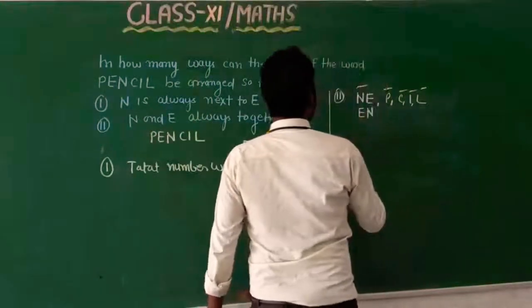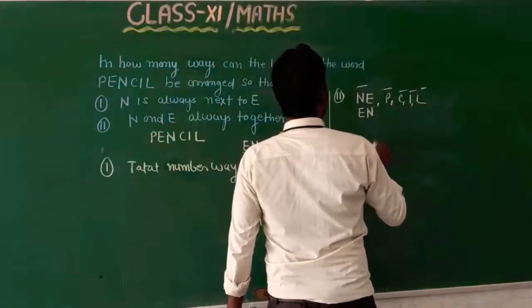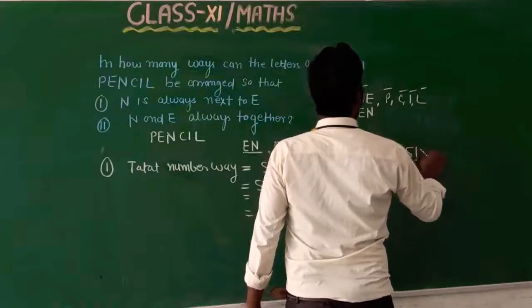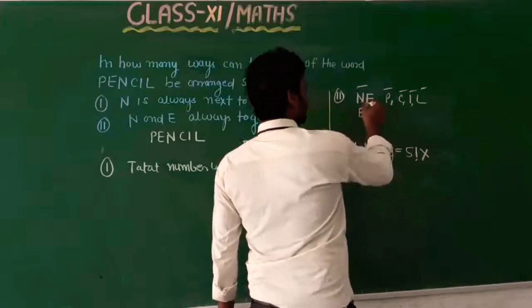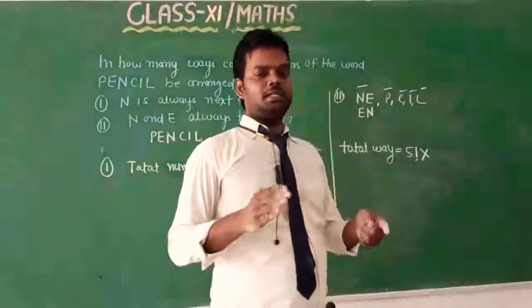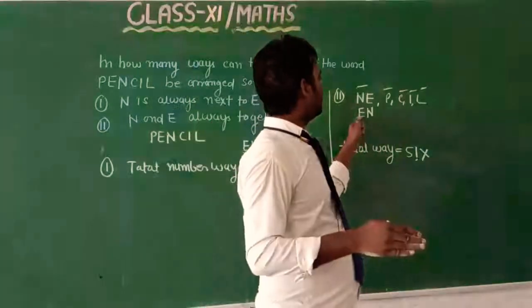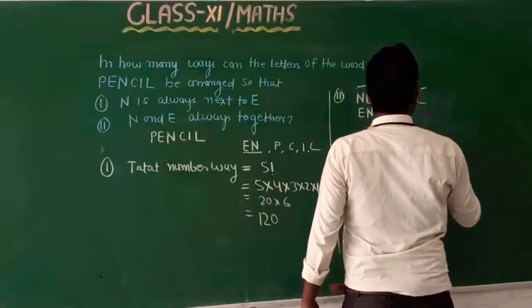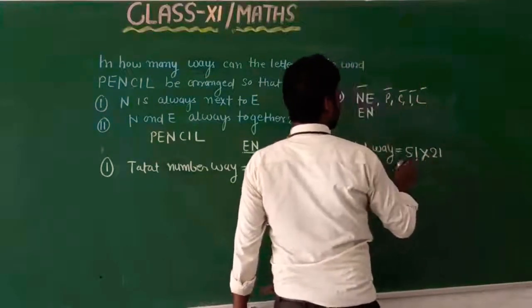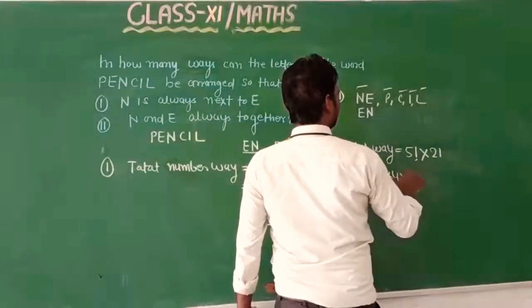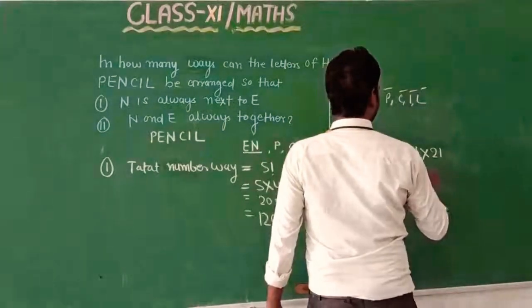So the total ways equal to factorial 5 into, and this NE letter can also be arranged N E or E N. Okay, N E or E N. So this is a total of 2 ways. So to simplify, this is 5 into 4 into 3 into 2 into 2.